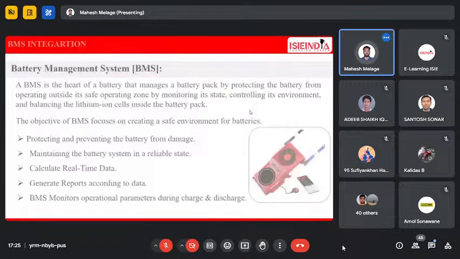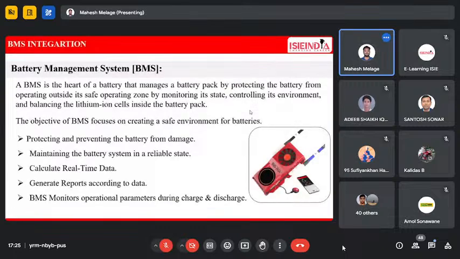The next part is the BMS. Now we discuss the BMS. The BMS is nothing but the heart of the battery. BMS is the battery management system. It provides protection of the battery against different abnormal or faulty conditions, like over voltage, over current, under voltage, temperature, and humidity.